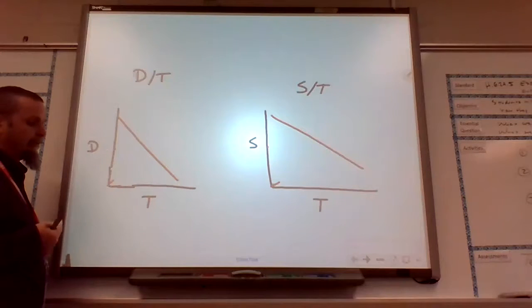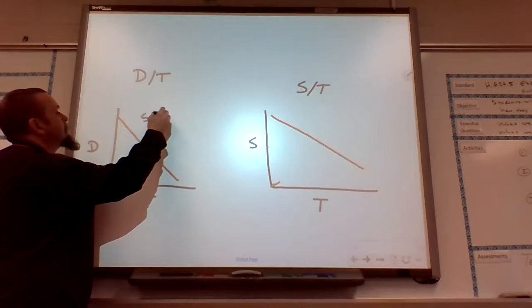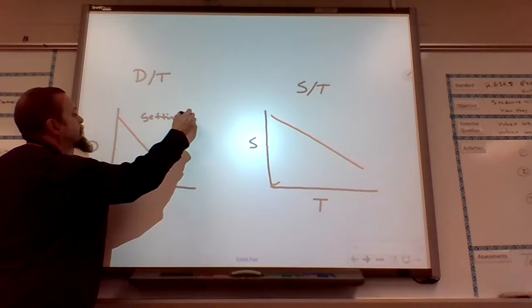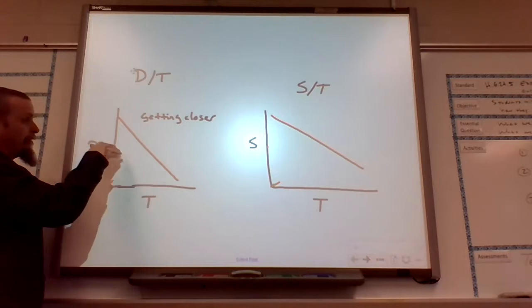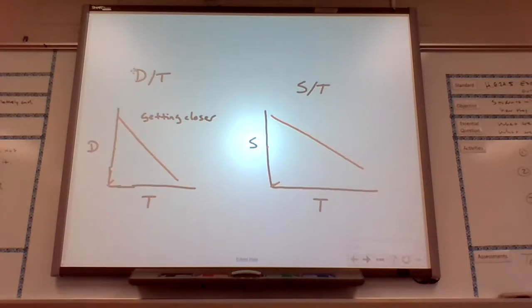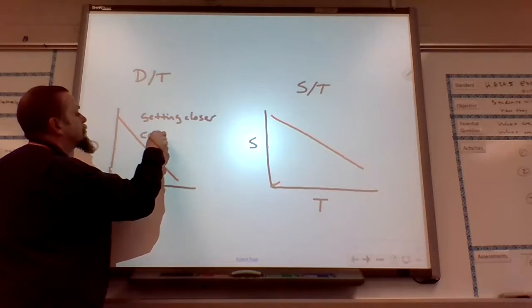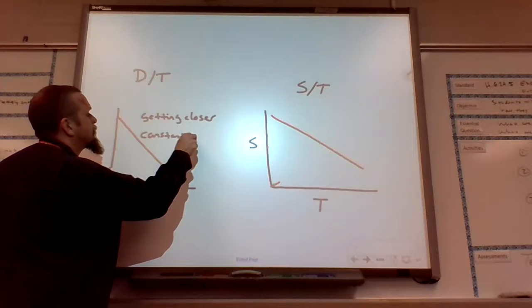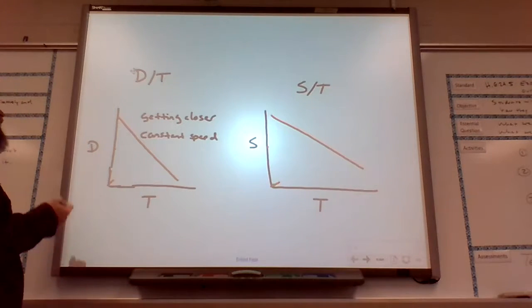So the object is getting closer. This object is getting closer and the line is straight, meaning it's getting closer at a constant rate or constant speed. It's moving back towards its starting position at a constant speed.